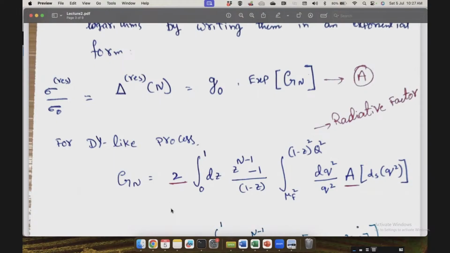And historically, if you see this thing, the eikonal line approximations, etc. So the soft gluon part you can always do at the amplitude level, whereas the collinear part comes only at the amplitude square level. There is a little difference between these two, you have to understand.